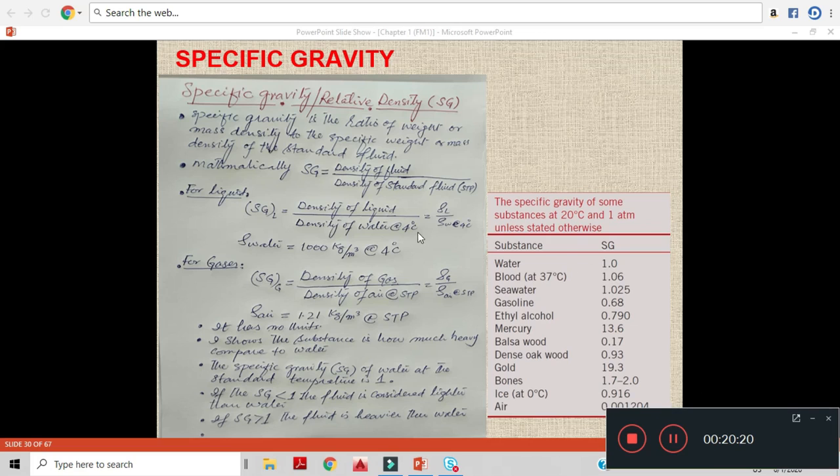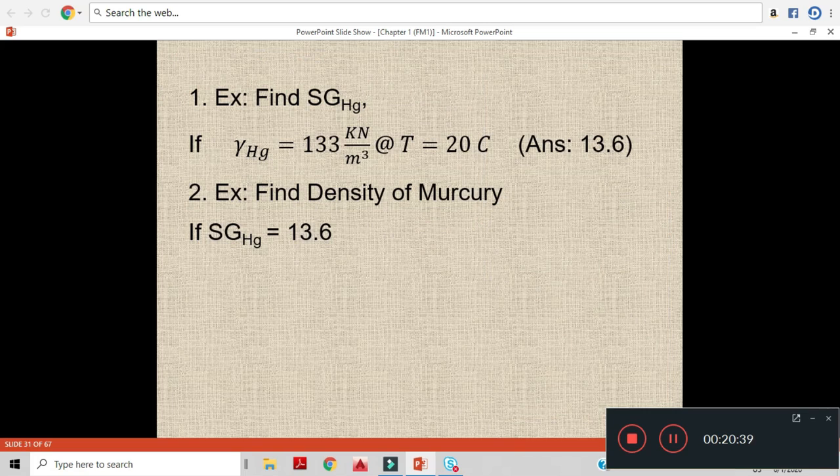Here in the table, the specific gravity of some fluids is given at 20 degrees centigrade and at 1 atmosphere. So move on to the example.